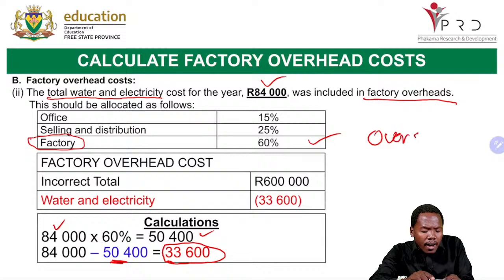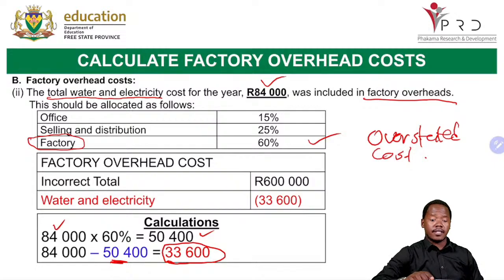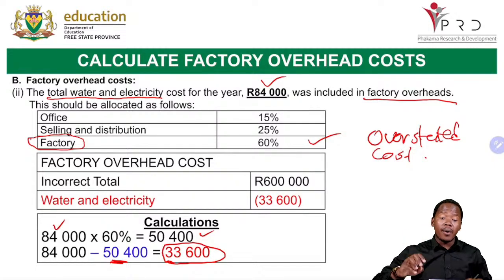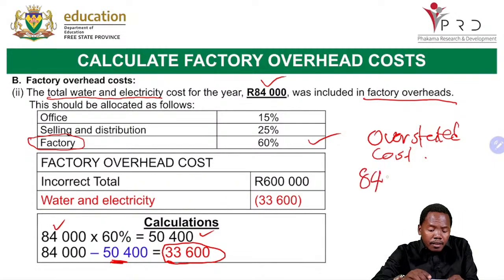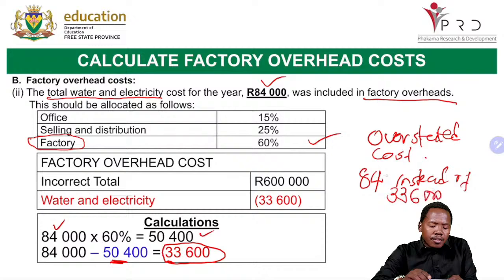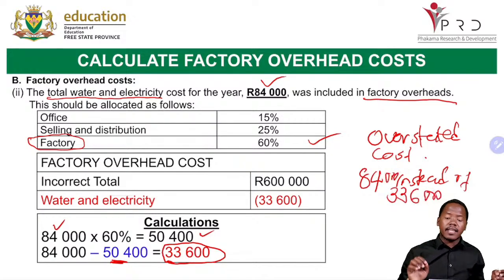Meaning, this is what we have done. We have overstated this water and electricity cost. So we recorded more. We recorded 84,000 instead of 50,400, sorry about that.